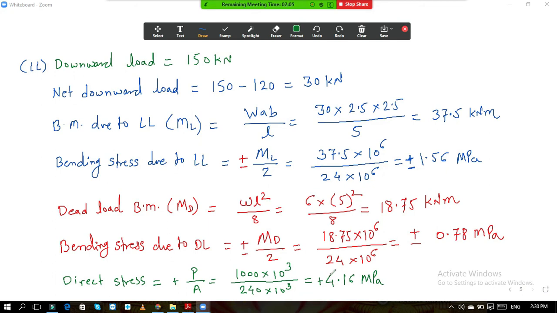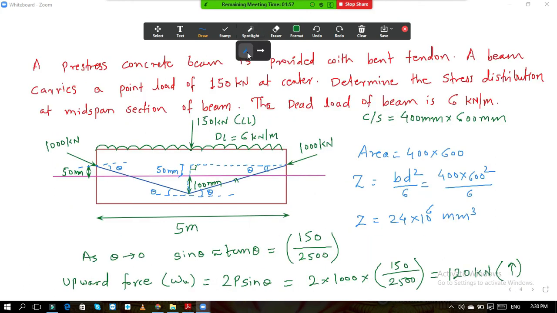Okay. In addition to this, all these are present over here. Now if you resolve this P, then your horizontal component P cos theta will be at this level, and it will rotate in this direction towards the neutral axis.